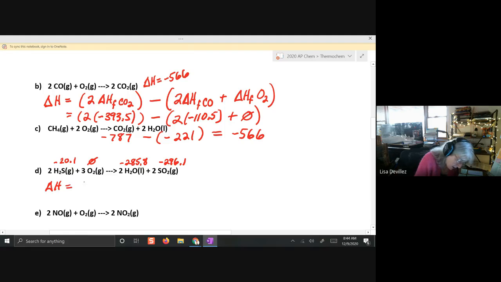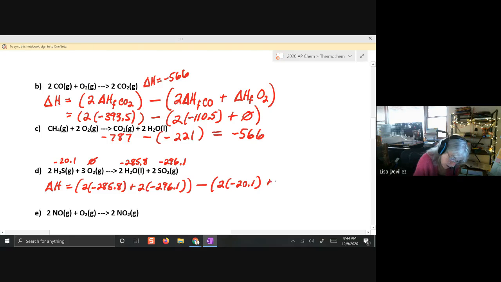So this is going to be 2 times negative 285.8, plus 2 times negative 296.1, and then minus 2 times minus 20.1, and then plus 0 for the oxygen there.